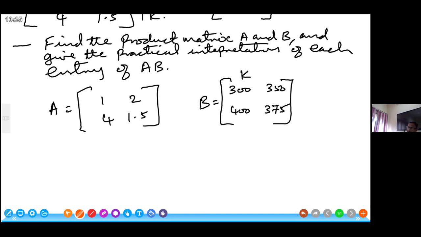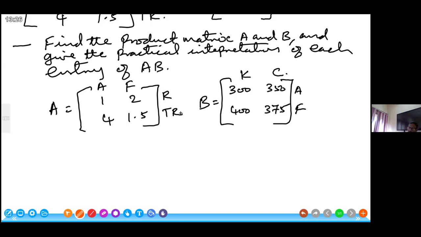We said this is Kandy, this is Colombo, this is assembling, this is finishing, this is again assembling and finishing of radio and tape recorder. All right, I have repeated.